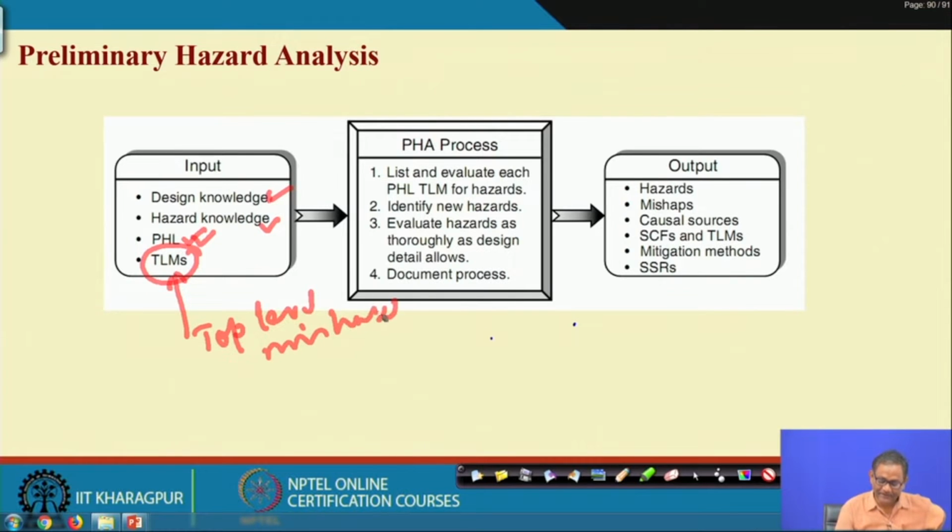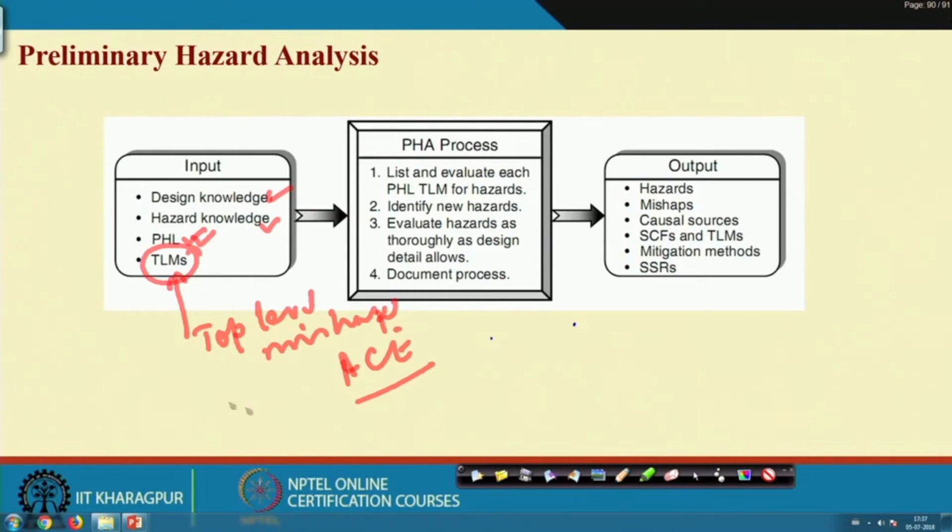If we consider the missile system example I gave earlier, one of the top level mishaps is missile structure crash, during launch and then flight.